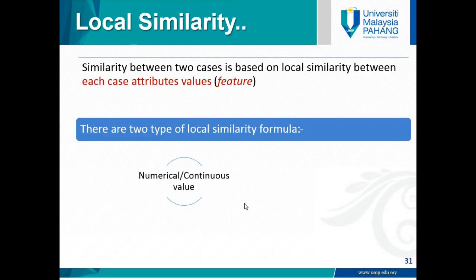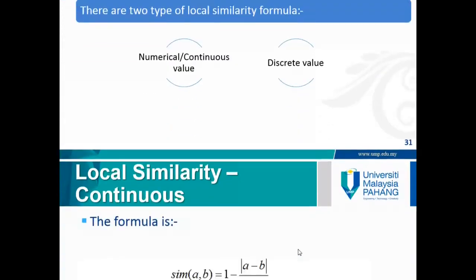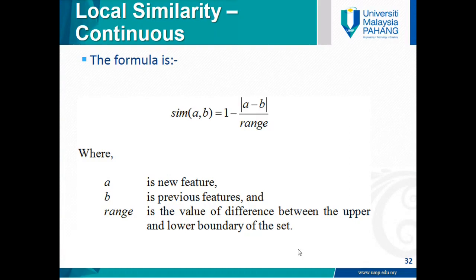We have a numerical or continuous value, and we have a discrete value. Here is the formula for a local similarity for a continuous category, where the similarity between the attribute value A of the new case and the attribute value B of the old case is equal to 1 minus the absolute value of A minus B over the range.